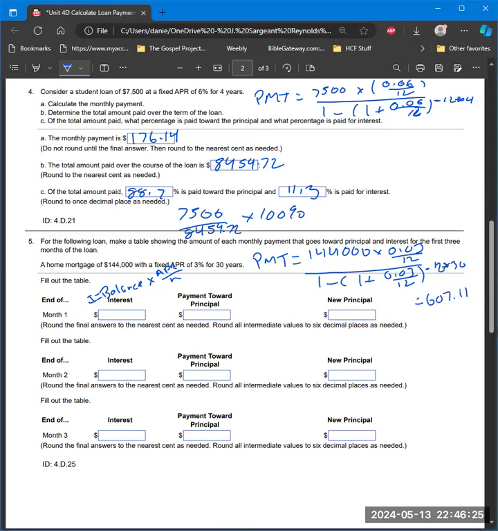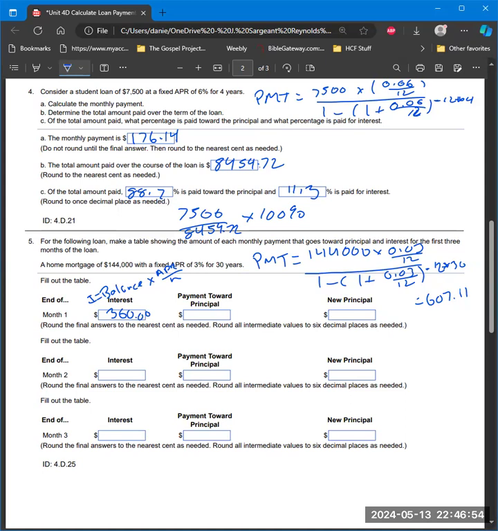Like so. And then let's go ahead and calculate my interest here. $144,000 is my balance times 0.03 over 12 gives me $360 in interest, and put the 0 cents there.